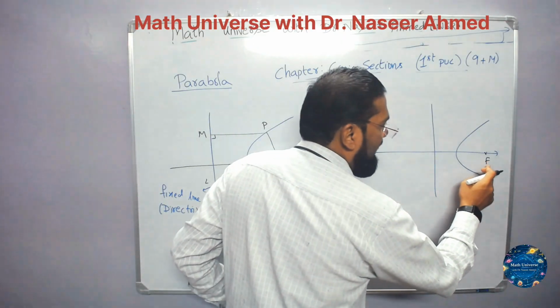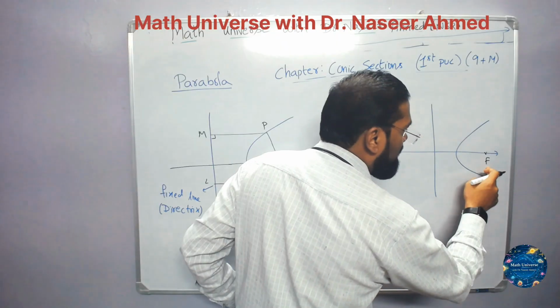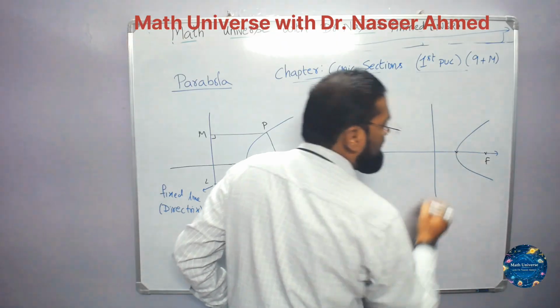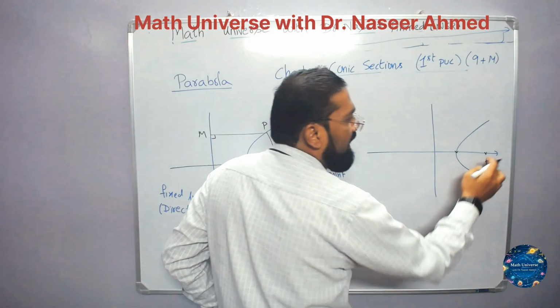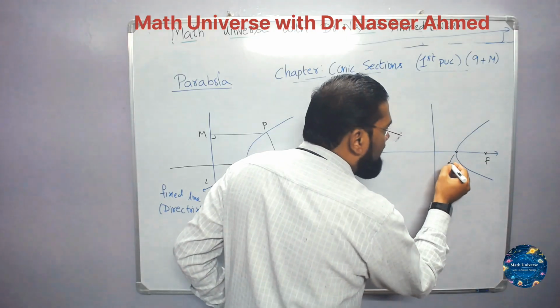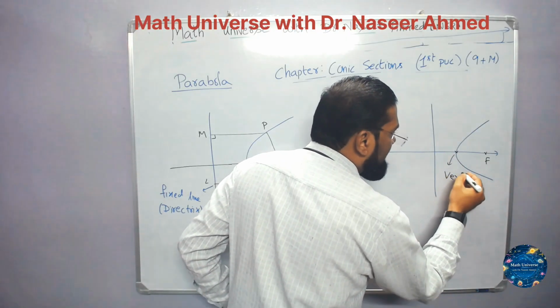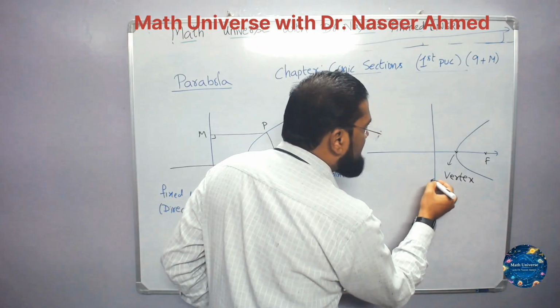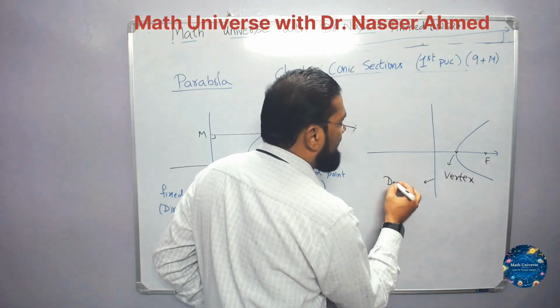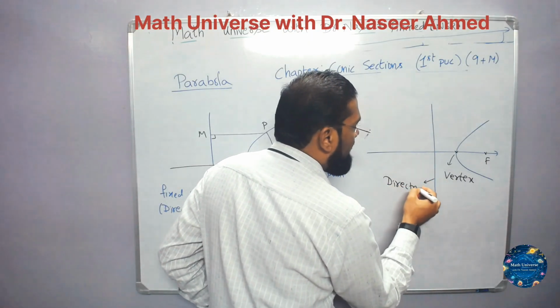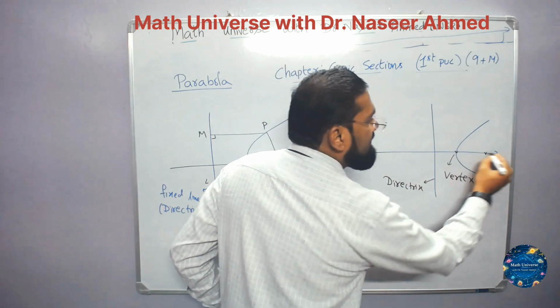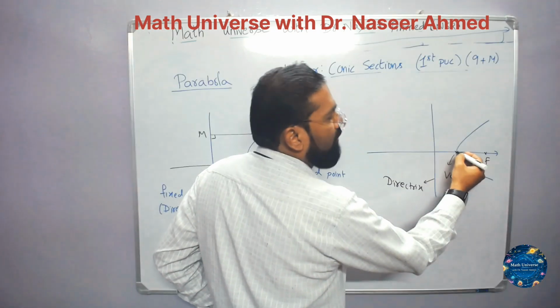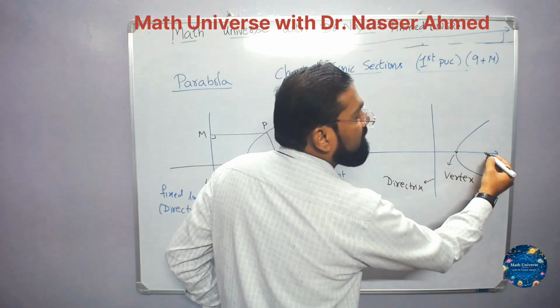Here we have a fixed point, which we call the focus. Here we have the point of intersection between the curve and the line, and this point of intersection we call the vertex. And this fixed line we call the directrix. You can see this line is cutting the parabola at a point and is also passing through the focus.